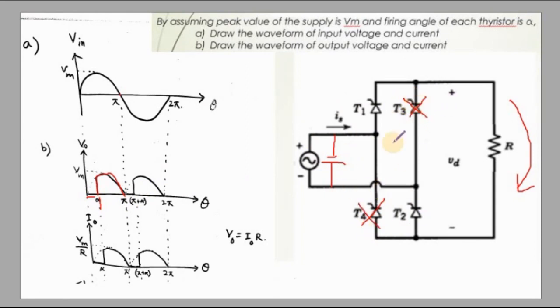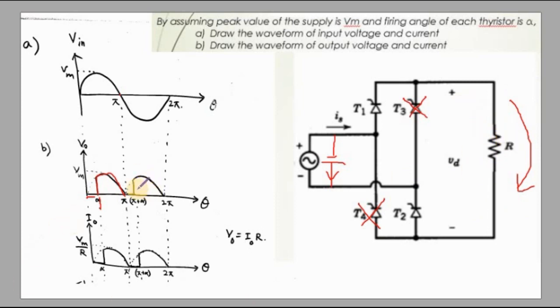We do not turn on T3 and T4. You don't have any path for the current to flow. From here you can't go this way because this is reverse biased and this is turned off. So as with 0 to alpha, from pi to pi plus alpha you don't have any potential difference from here to there, because there is no current going through this resistor.